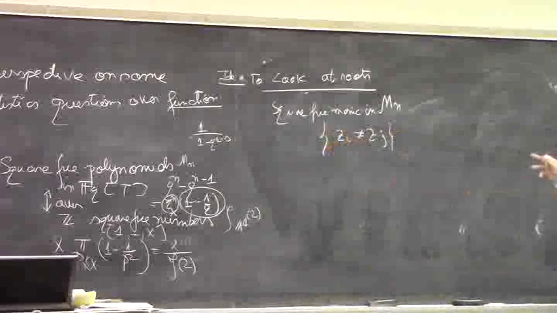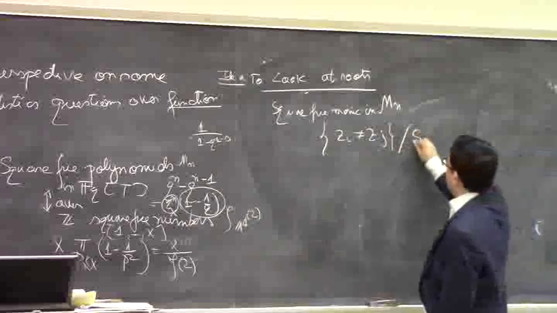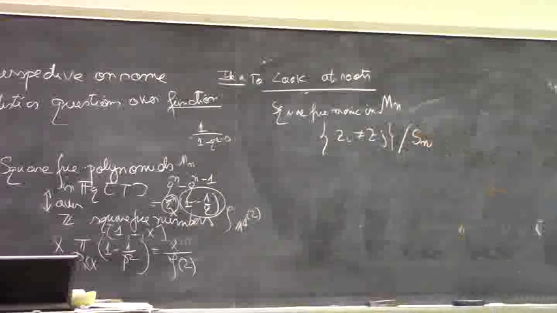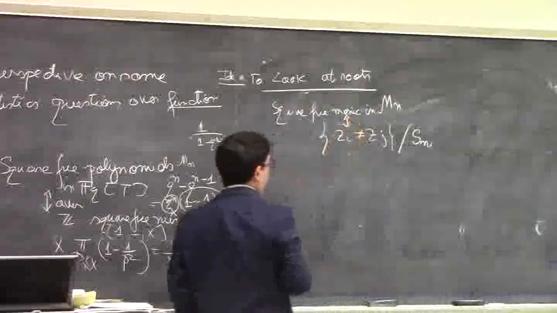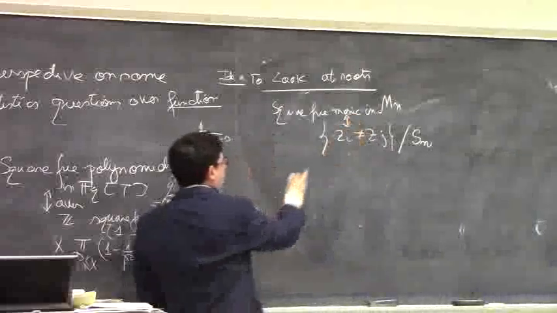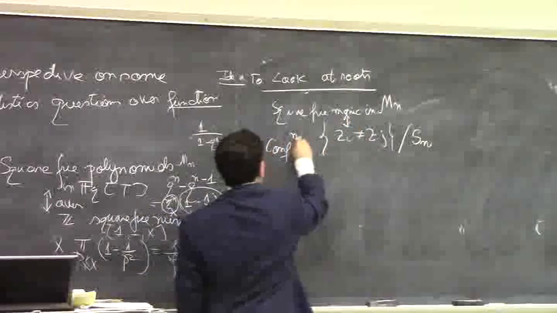If I say just this, then I won't determine the polynomial because I can swap the roots around. So I would mod out by the S_n action, which is free in this case because you don't have any fixed points. We call this the configuration space.